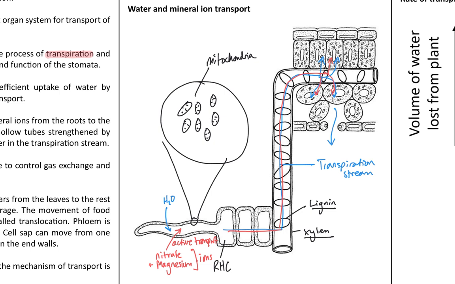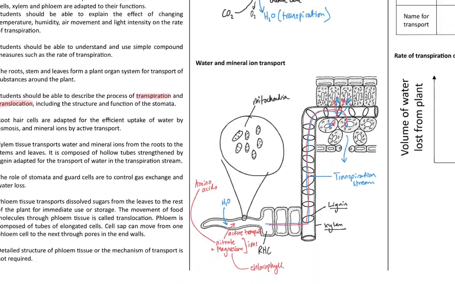And as we know, nitrates are needed to make amino acids and therefore proteins, and magnesium's needed to make chlorophyll. So that's the transport of water and mineral ions.